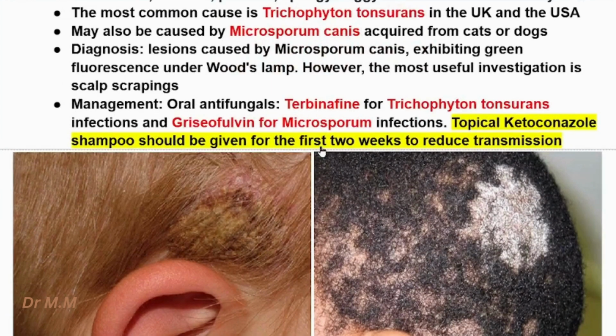Management of tinea is usually with oral antifungals like terbinafine for Trichophyton tonsurans infections and griseofulvin for Microsporum infections. Topical ketoconazole shampoo should be given for the first 2 weeks to reduce transmission.